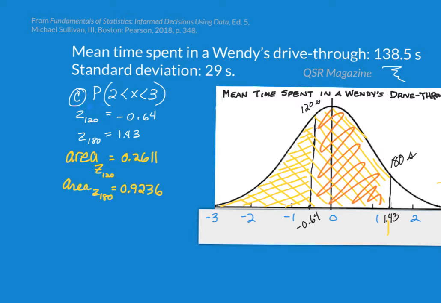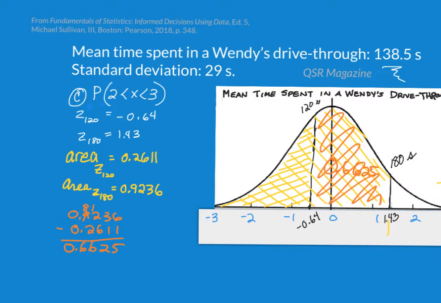Well, the area to the left of 180 seconds, or 1.43 as the z-score, is 0.9236. That's a larger area. And if we subtract the smaller area from it, let's see, 0.6625 is the area between the two.